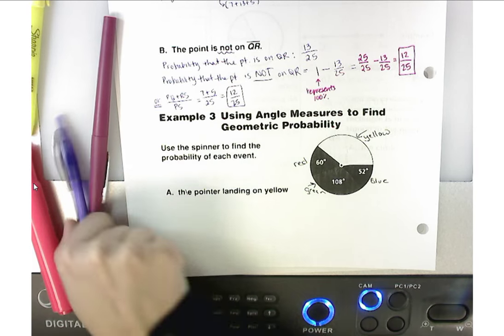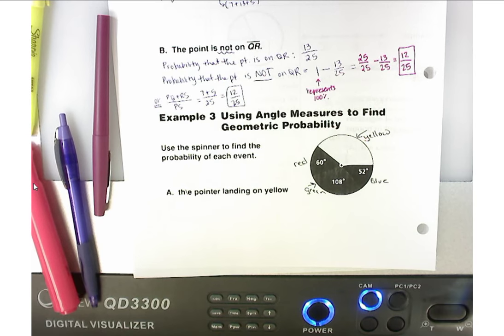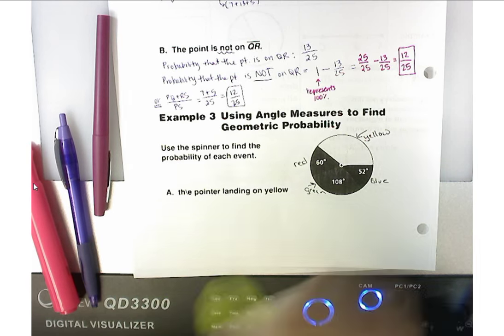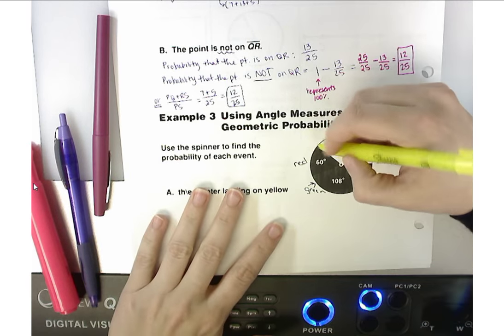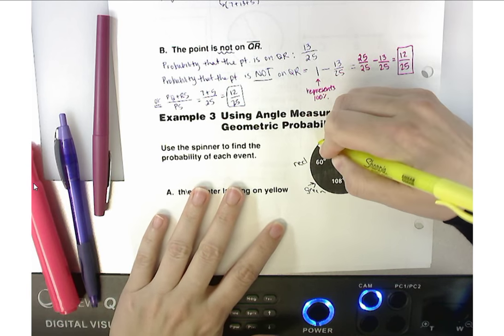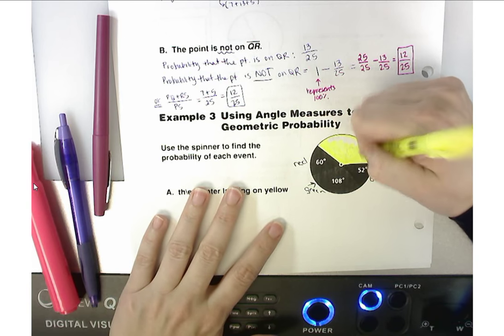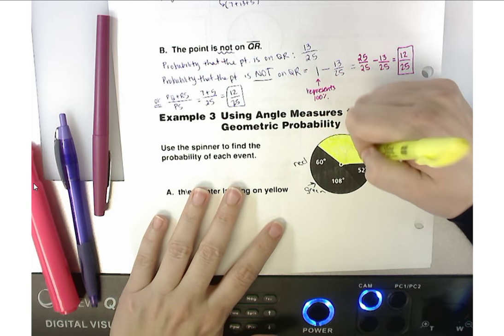Okay, and now we're going to go to our next example. So we're using angle measures to find geometric probability. Okay, and they tell you what color each one is. So I'm just gonna color that one in, is yellow.